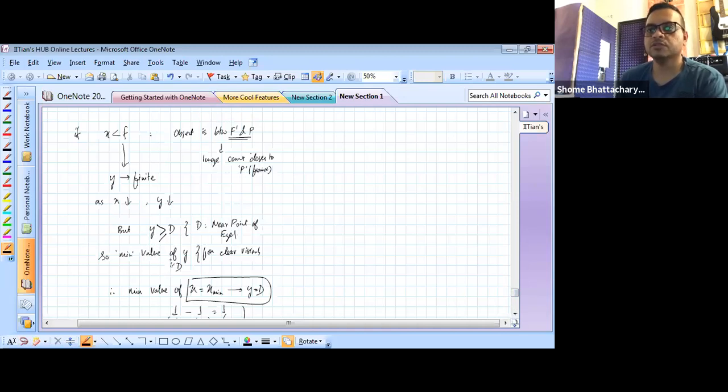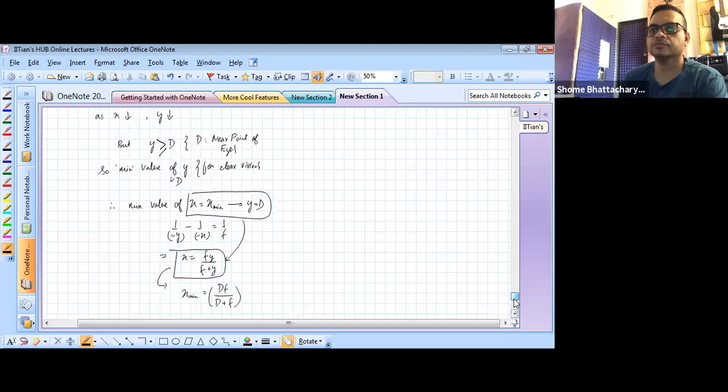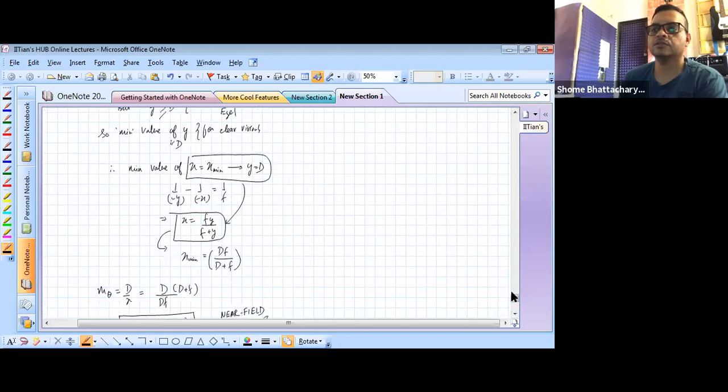So the minimum possible value of Y should be capital D. We should not bring the image closer than capital D, because then our eye cannot focus and view it properly. Okay. So the corresponding value of X for which Y becomes capital D, that is my X minimum in my range of X. So that X minimum comes out to be this way.